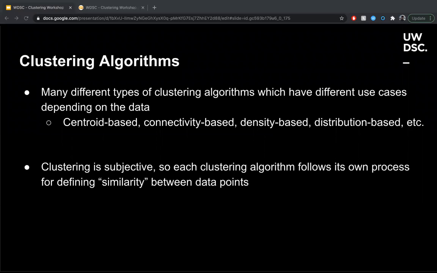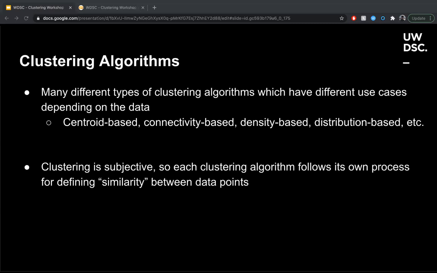But similarity is kind of a vague term, and the reason we have so many different types of clustering techniques is that each one has its own basis for defining what similarity means. That can be spatial similarity, like how close they are, or it can be how dense the area is. I go over that in more detail when I explain them. The 4 examples I've listed are centroid-based, connectivity-based, density-based, and distribution-based. There are obviously many more, but those are the 4 most popular ones.